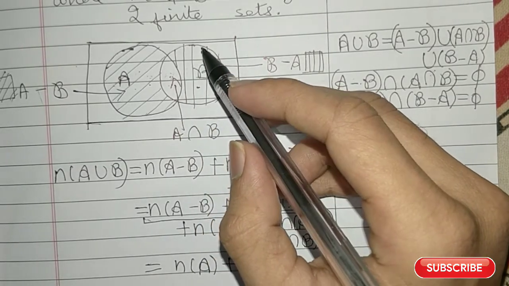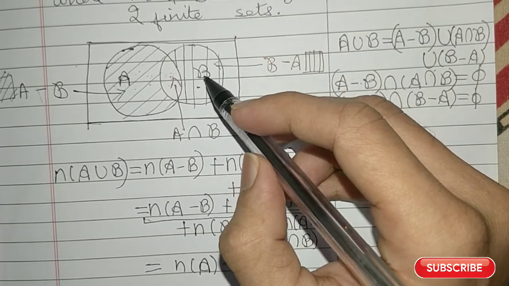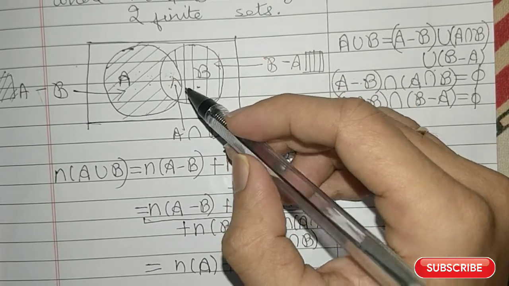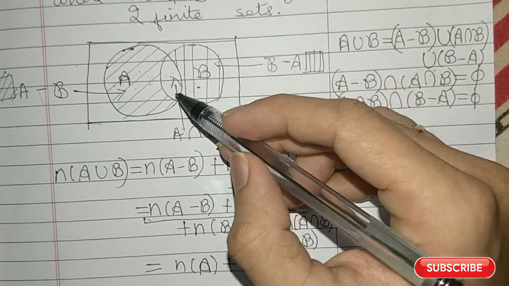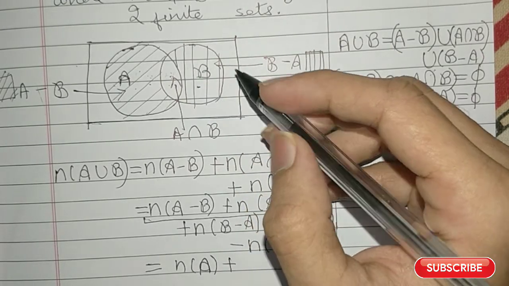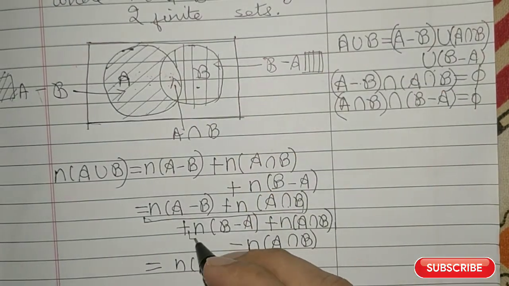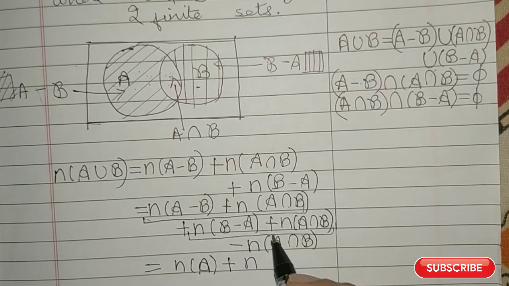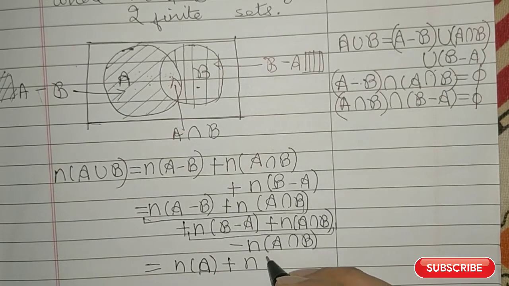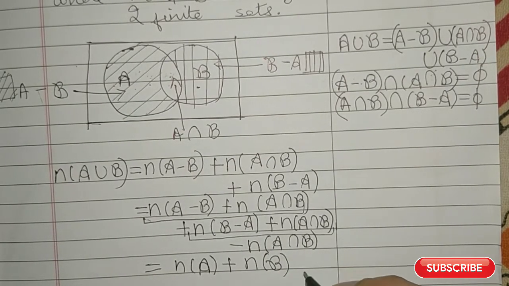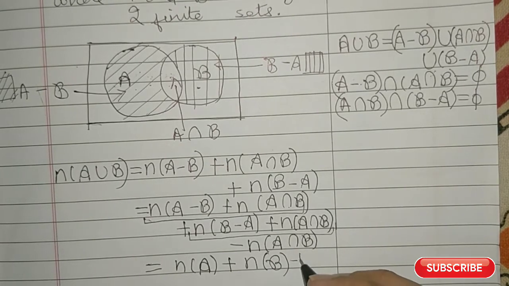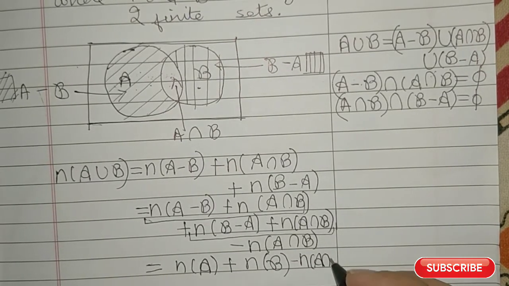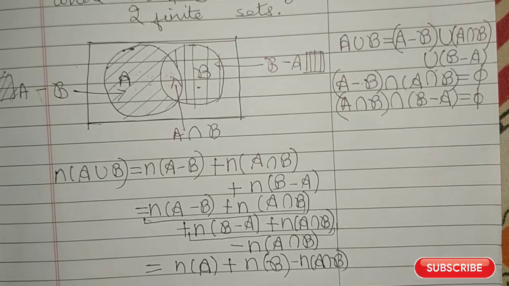And you can see that the set B is the union of the set A intersection B and B minus A. So here again you will get the number of elements in the set B minus A plus the number of elements in the set A intersection B as the number of elements in B, right, and minus you have A intersection B, right, this you have, okay.